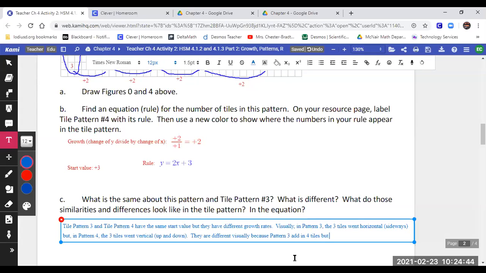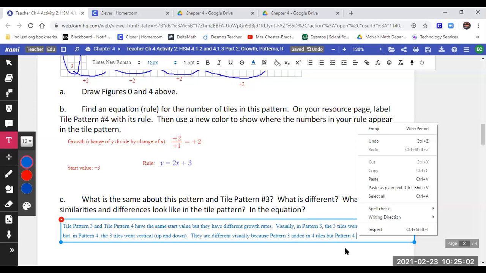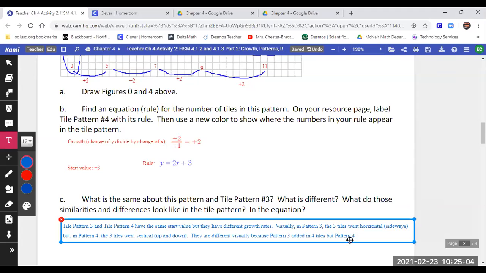But pattern 4 did what? Be specific for the situation. Pattern 4 did what?